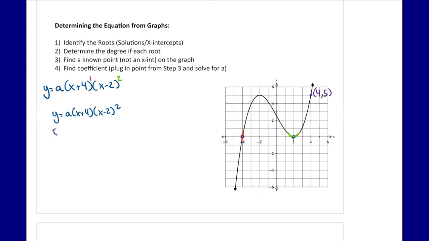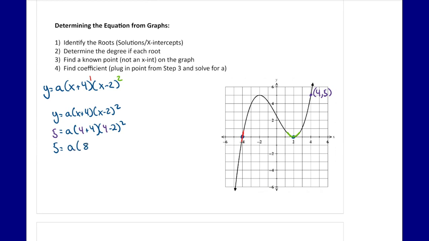So 5 is my y value. a I don't know. x is 4. So 4 plus 4, and then 4 minus 2 squared. Now I'm going to go through and solve for a.